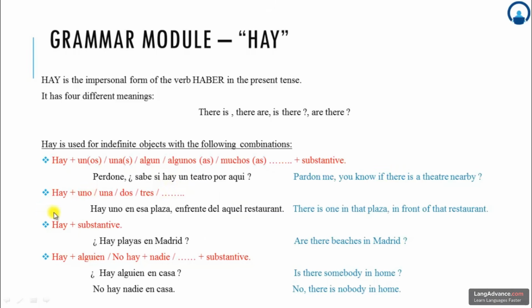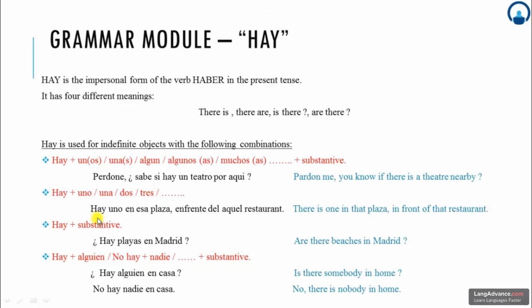Similarly, the second condition: if I'm going to use hay plus a number, for example in English, there are 10 mangoes, so what we have done is there are plus numbers. Similarly in Spanish, hay plus uno or una, that means one for masculine, one for feminine, dos, tres, and numbers, and so on.